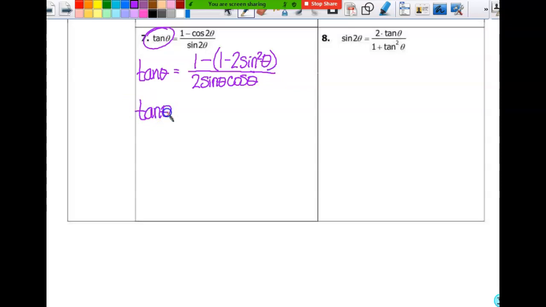And again, had I just randomly picked one, closed my eyes and pointed and picked one, I could substitute it in, and then I could still finish it. It's not like this one is the right one and the other ones are wrong. It's just different. So 1 minus 1, those zero out. That's nice. Then I have minus and negative, so that's plus. So that's positive 2 sine squared theta over 2 sine theta cosine theta.